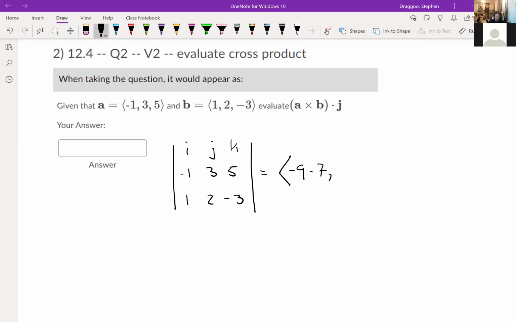For the middle component, I'm going to have 5 times 1 minus -1 times -3, so 5 minus 3. For my third component, -1 times 2 is -2, minus 1 times 3 is 3. And I'll simplify that mess to get <-16, 2, -5>.